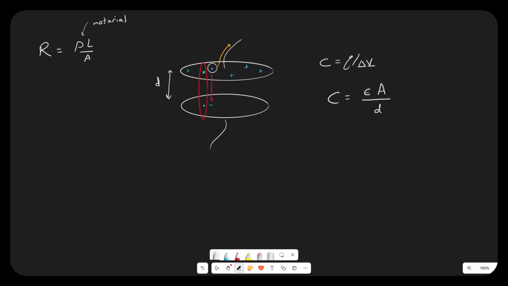The material that we are interested in is actually the material that's between the plates, not the material that the plates are made of. So if I have empty space between here, I'm going to get a permittivity of free space. We have seen this number before.